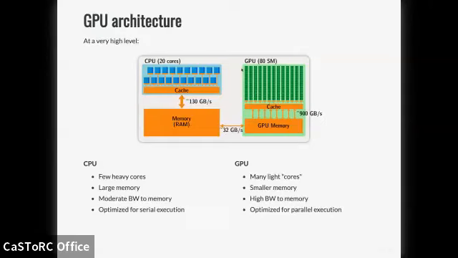It would look something like this, where you have a lot of cores, but they're not really cores. SM stands for streaming multiprocessor. They're a special kind of core optimized for doing parallel floating point operations and other operations in parallel, but they don't do a lot of the things that the CPU cores do.